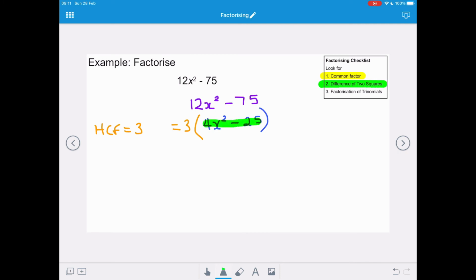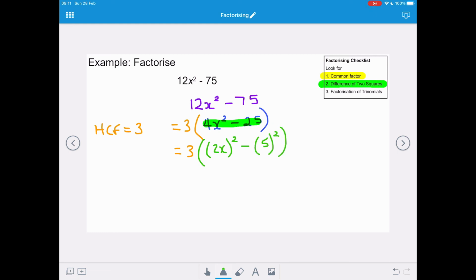So we're going to work out that difference of two squares by square rooting each of those terms to work out what the first and second terms in our brackets are going to be. Don't forget about the 3. We still have to bring that down because everything is multiplied by 3. So we've got 3 times the square root of 4x squared is 2x all squared minus 5 all squared.